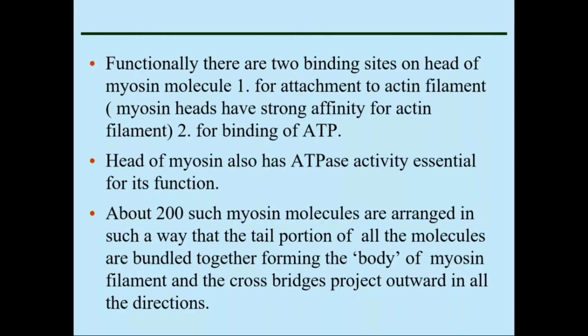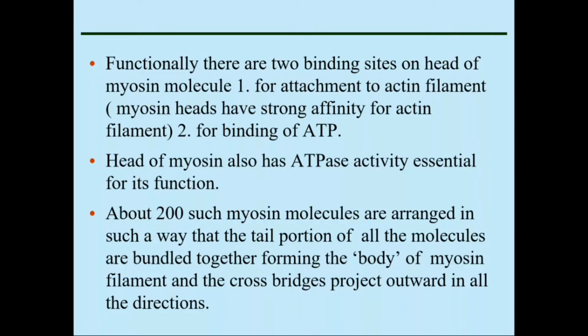The head of the myosin molecule has 2 functional sites, one for attachment to the actin filament, basically because the contraction of muscle occurs by the attachment of myosin filament to the actin filament and then their interaction, and the other is for binding of ATP.